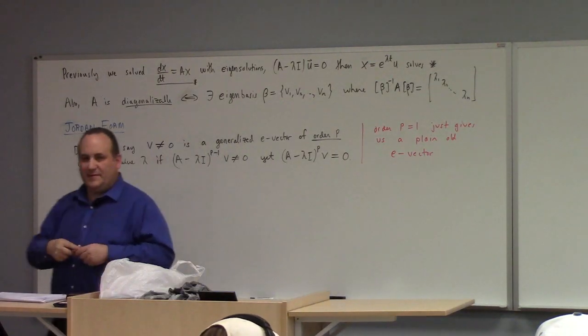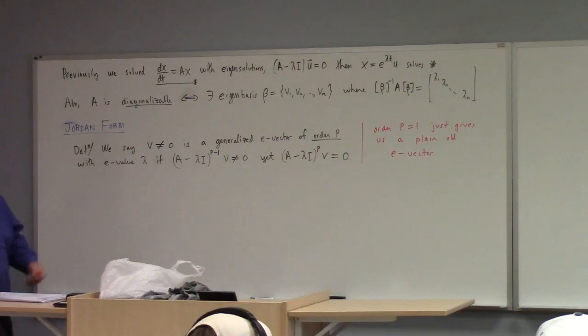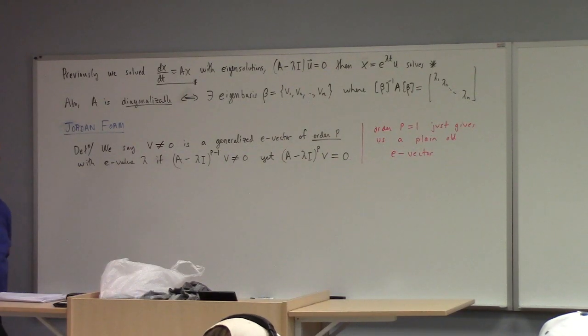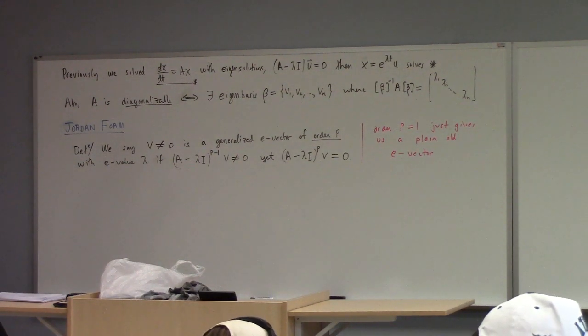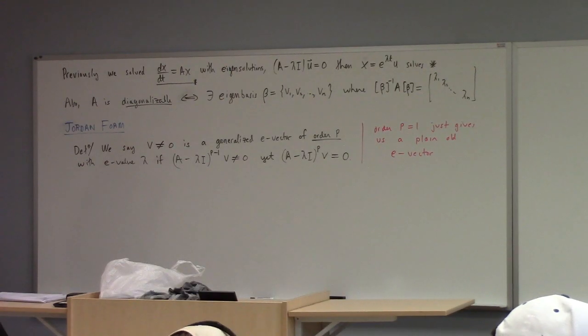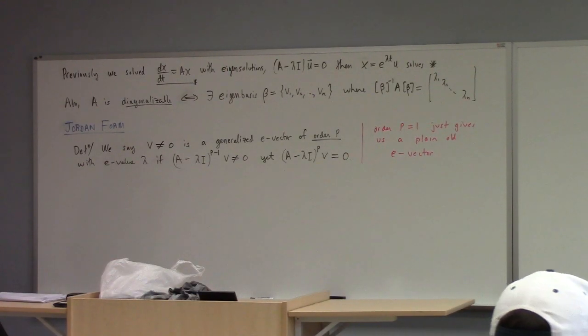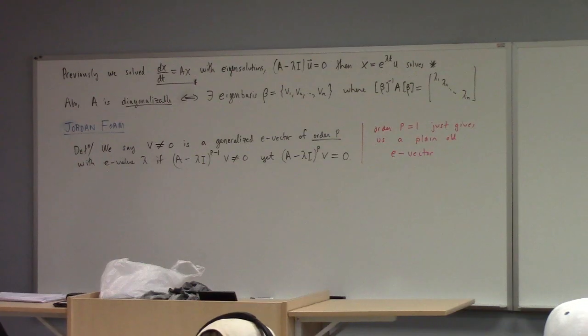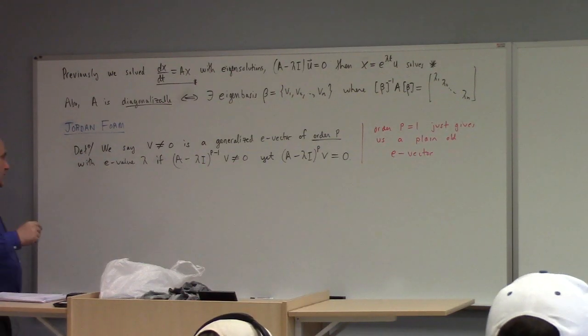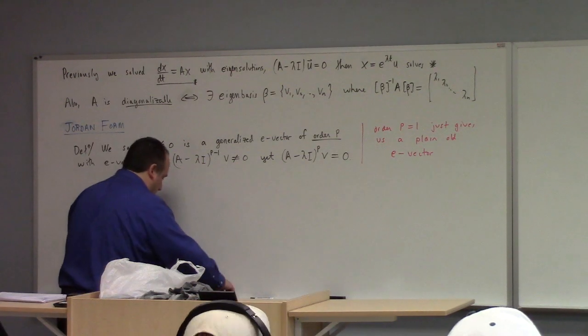Because what is 1 minus 1? 1 minus 1 is 0, right? Any matrix to the 0 we define to be the identity. So this condition collapses to just saying v is a non-zero vector such that (A - λI) multiplying v gives me 0, right? That makes it an eigenvector. All right. So that's the first definition.